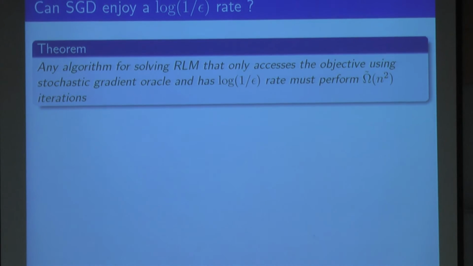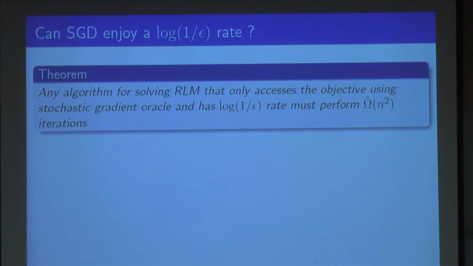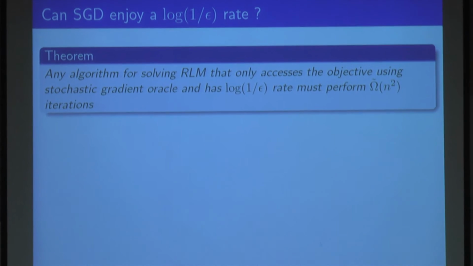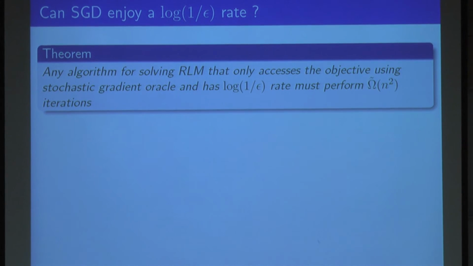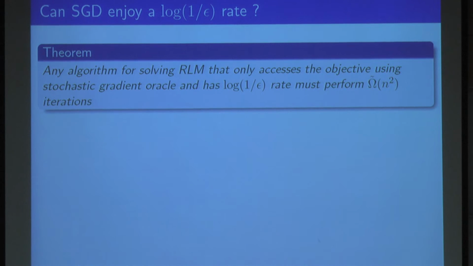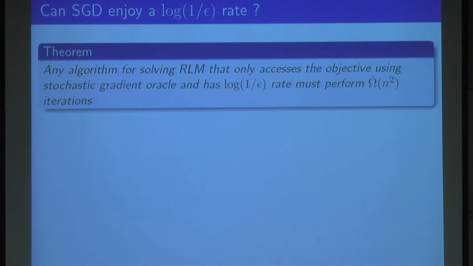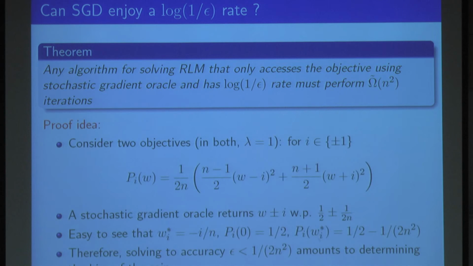The theorem says that any algorithm for solving RLM that only accesses the objective using a stochastic gradient oracle, so a family of algorithms that access the objective just by asking for a stochastic gradient, if they have log 1 over epsilon rates, then they must perform n squared iterations, meaning that they will be very, very slow. And the proof is based on a very simple observation.